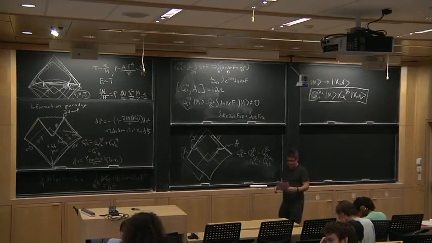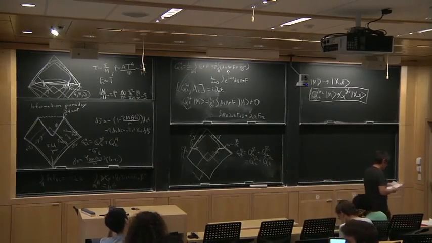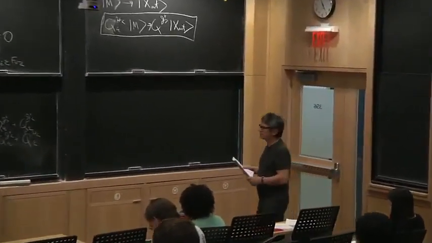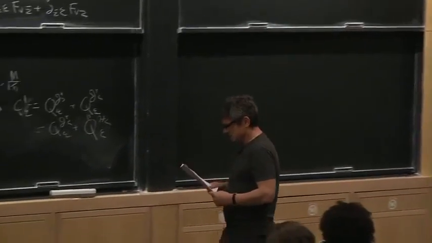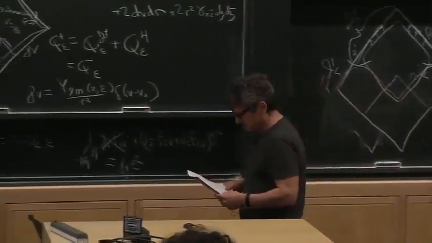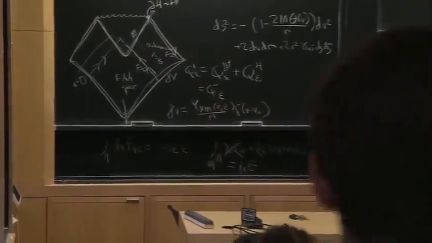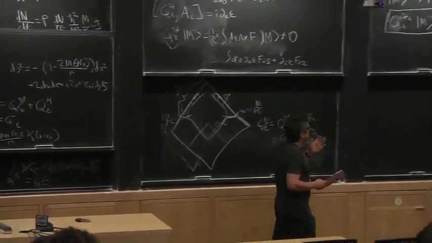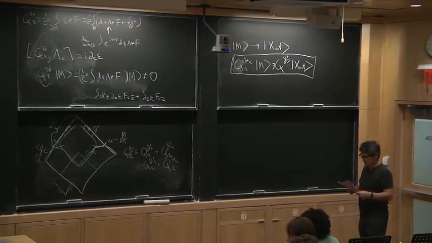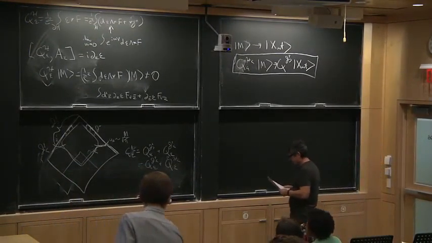Okay, so now I'm going to go through the same story for super translations. And this is work in progress with Hawking and Perry. And it's conceptually the same as for the photons, but somehow the indices have a way of proliferating.